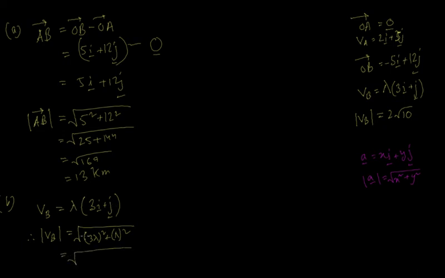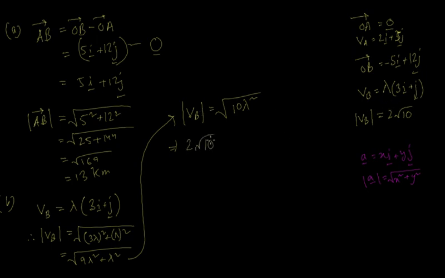So 3 lambda whole squared is 9 lambda squared, plus lambda squared, so the square root of 10 lambda squared. We know the speed is 2 square root of 10. So I can write 2 square root of 10 equals lambda square root of 10. Therefore the square root of 10 cancels, and lambda equals 2.